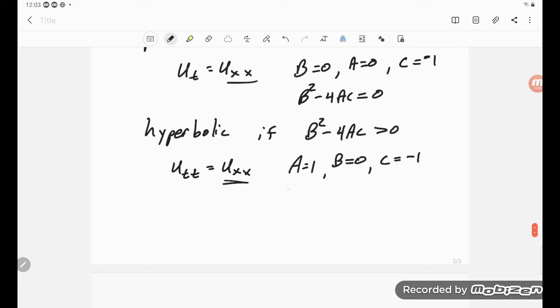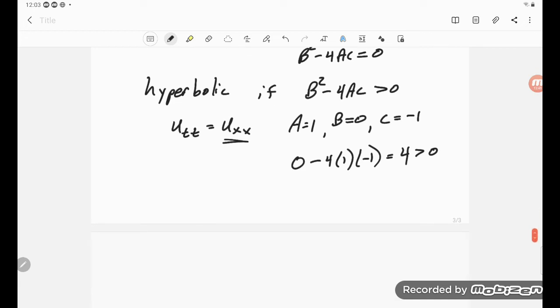And so this becomes 0 minus 4 times 1 times negative 1, which is 4, or greater than 0. So the wave equation is hyperbolic.